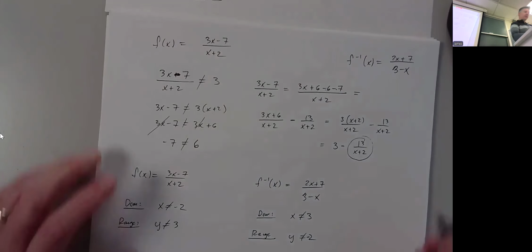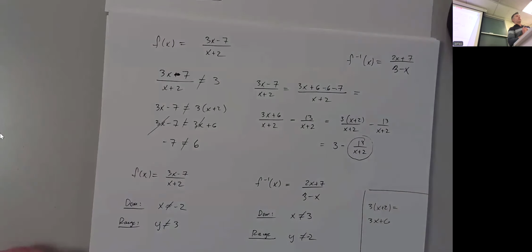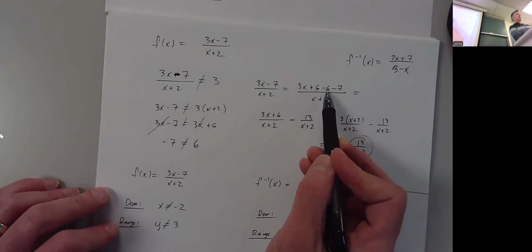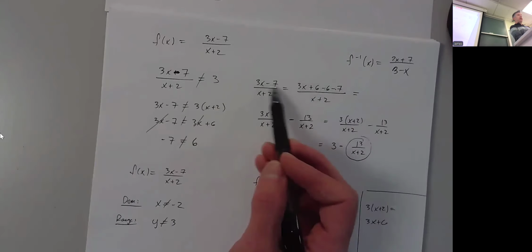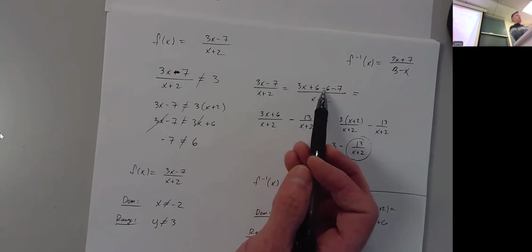And I know that 3 times (x + 2) is equal to 3x + 6. So I said, I want to get 3x + 6 on top. So I made it happen. I said, well, if I add 6 and subtract 6, then I'll have 3x + 6, but I also won't have changed the value. Right? This expression here is exactly the same as that. It just looks a little different, but it's totally the same because this plus 6 minus 6 would add up to 0, and then still have 3x - 7.